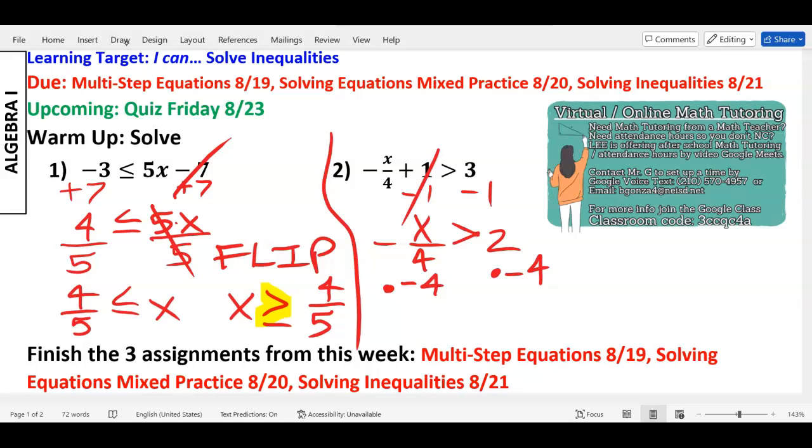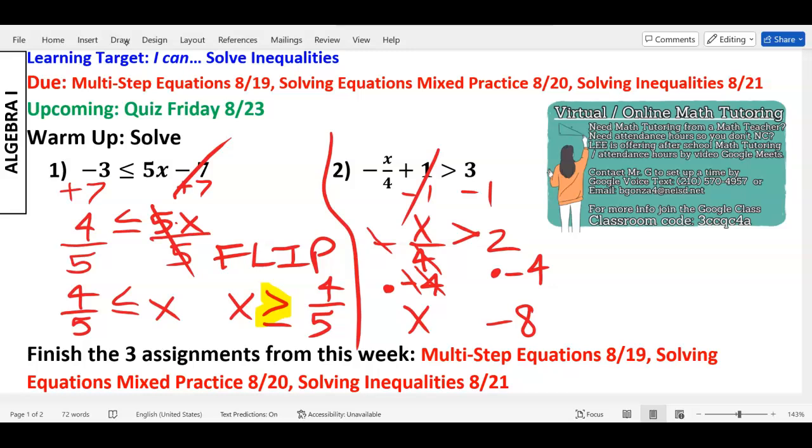Okay, so on the left, the negatives cancel, the multiplying and dividing by 4 cancels. Now I just have x. 2 times negative 4 on the right side is negative 8. What inequality should I write between them?